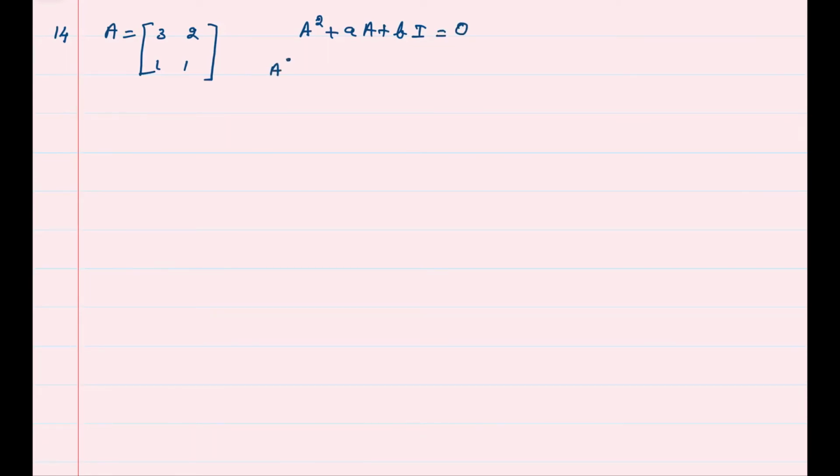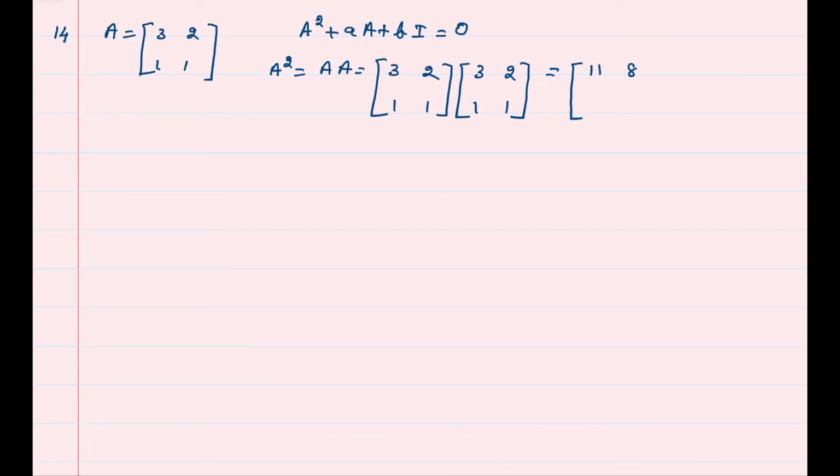We will find A square, which is A times A. Nine plus 2, 11. 6 plus 2, 8, 3 plus 1, 4, 2 plus 1, 3. A square is 11, 8, 4, 3.